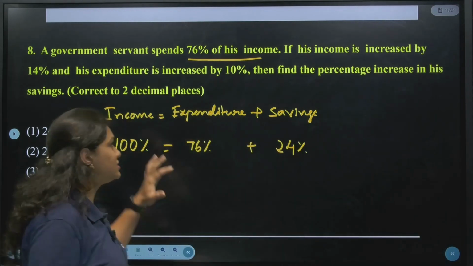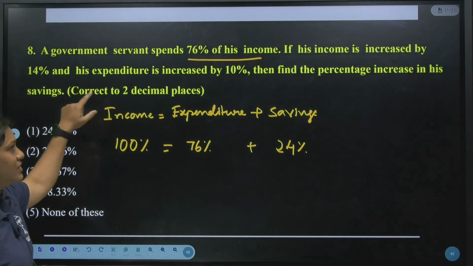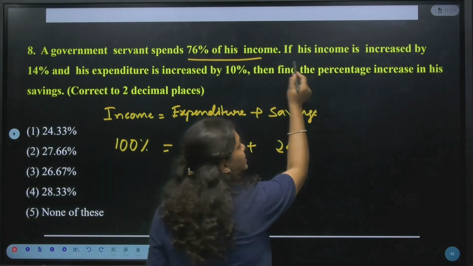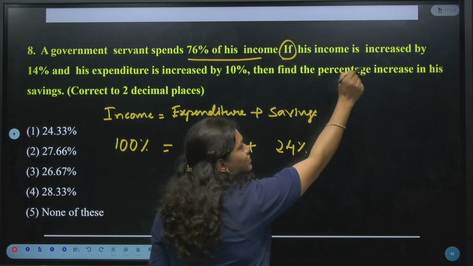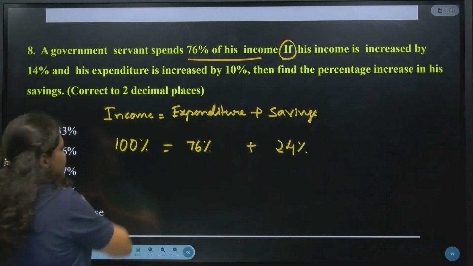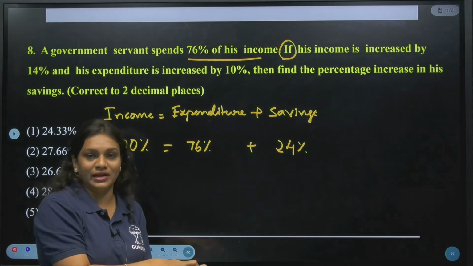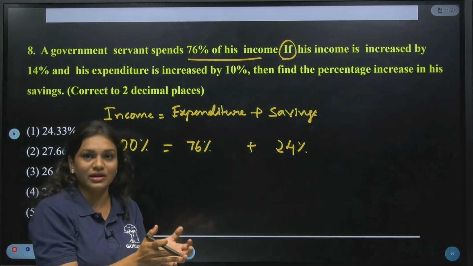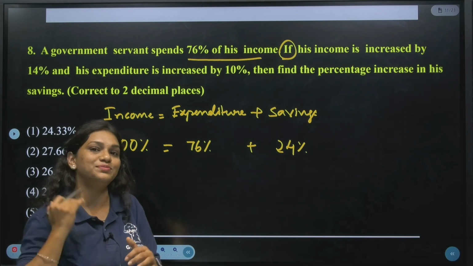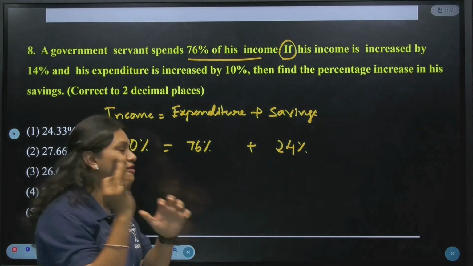But what is the next sentence here? In case his income is increased by 14%, now the actual income is 100%. Along with this, whatever the actual income is, what have they done? So income has been increased by 14%. Okay, now try to understand.